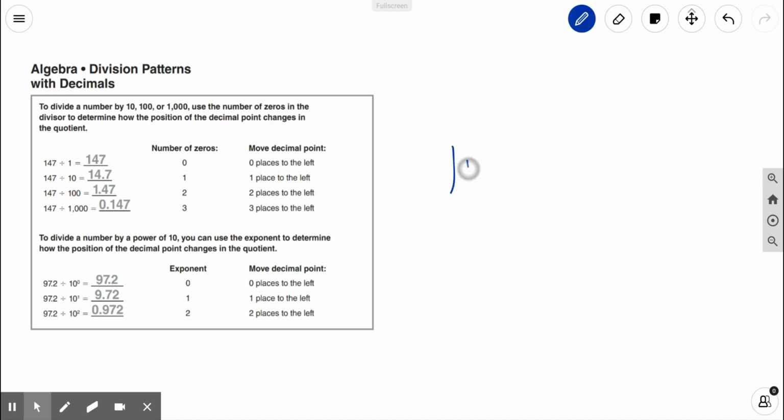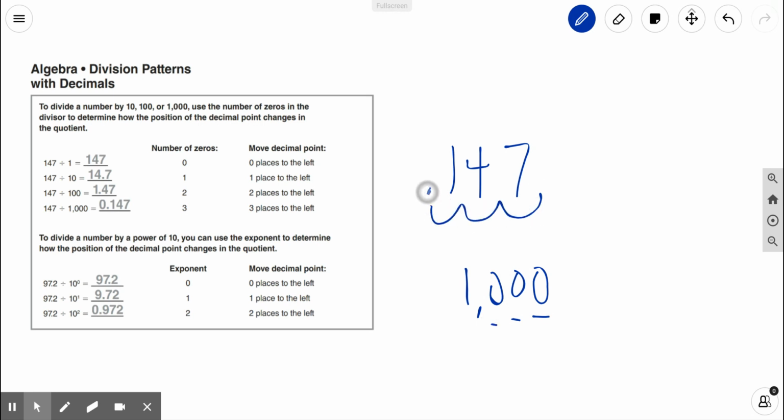If I have 147 divided by 1,000, the decimal is going to move 3 spaces because 1,000 has 3 zeros. Okay? So that decimal starts here and it goes back 1, 2, 3. And I'm actually going to put a 0 in front just because it helps me. If it doesn't help you, by all means, don't put the 0. Helps me, okay?